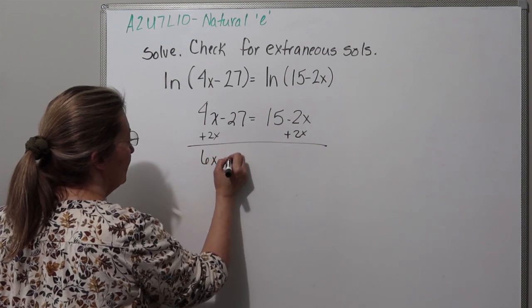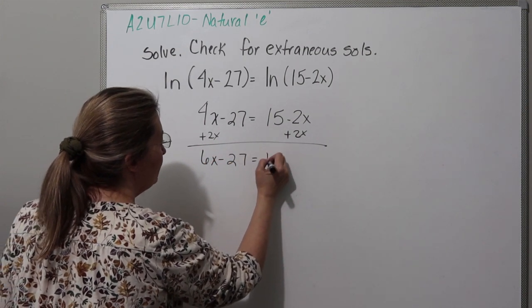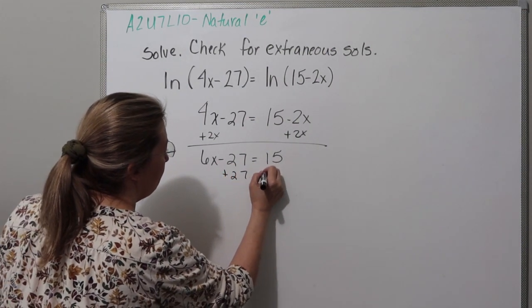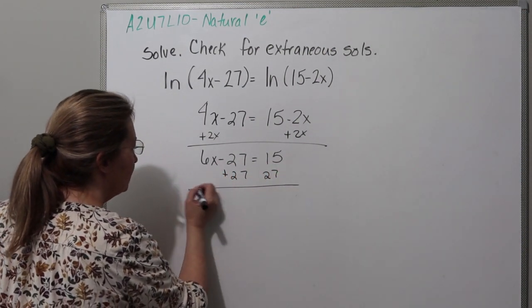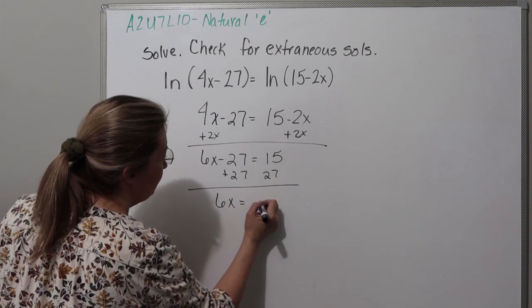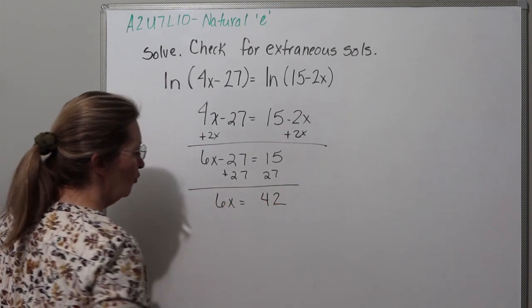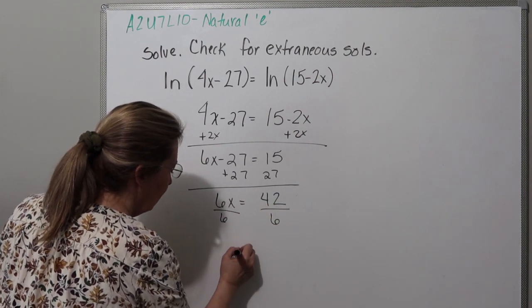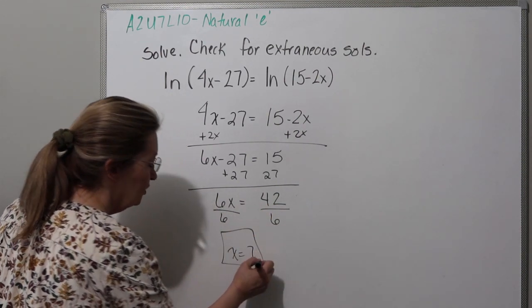So I get 6x minus 27 is equal to 15. Then we'll add 27 to each side. So I have 6x is equal to 42. Divide both sides by 6. And x is equal to 7.